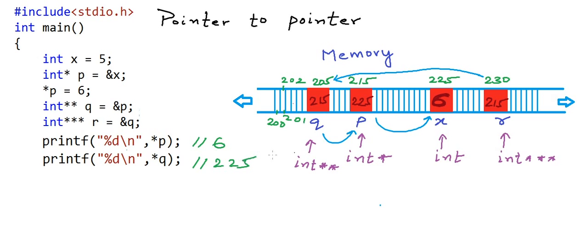225. And now I want to print asterisk asterisk q, so I want to do dereferencing twice. First I go to asterisk q, which is this address 225, and now I want to look at the value at address 225, so this one will be 6. We could have avoided writing this parenthesis here.